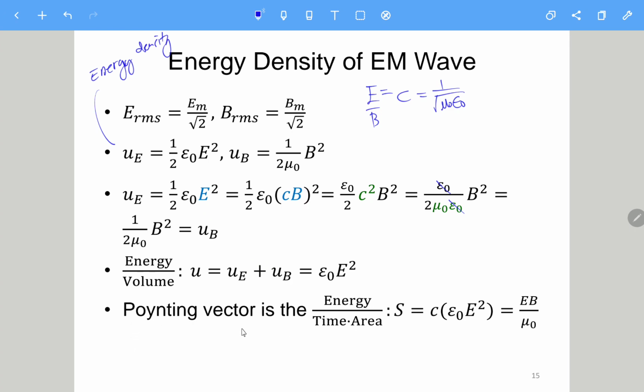Okay, so the Poynting vector is the energy per time per area. So this is the cross section area, but this is the volume. So we need to multiply something and divide something to make it like a volume. So the area should multiply by the length.